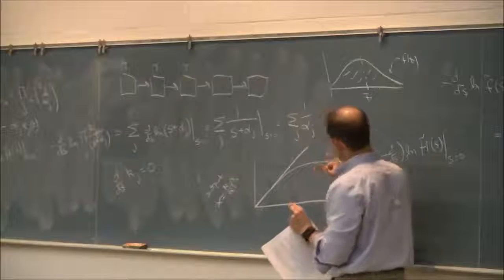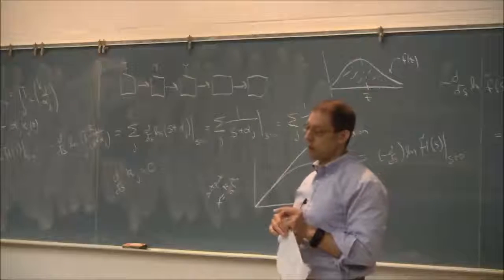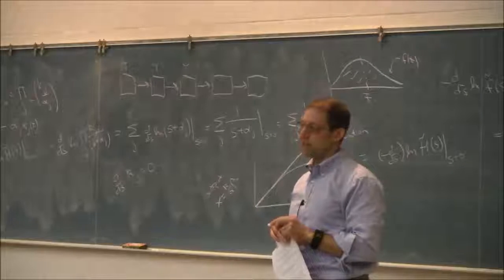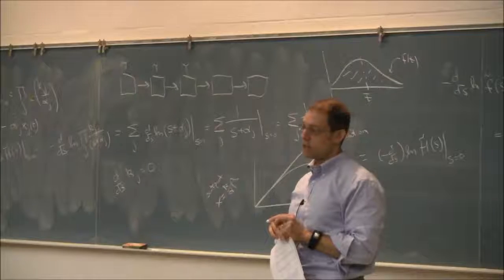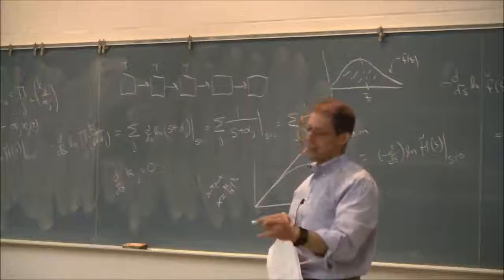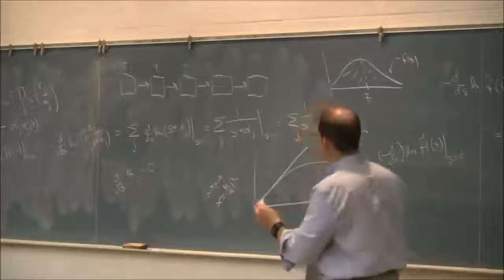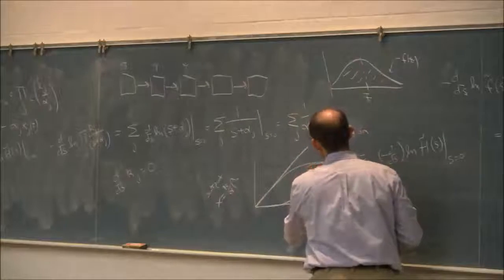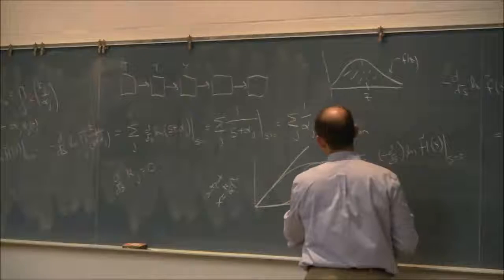In addition to saturation, we can have a different effect called cooperativity that you probably had in molecules and cells. Oxygen binding to hemoglobin is an example, where as the system gets further along in the cascade, it's easier to go to the next step. And then what you get is a response that looks like this instead. So this is cooperativity.